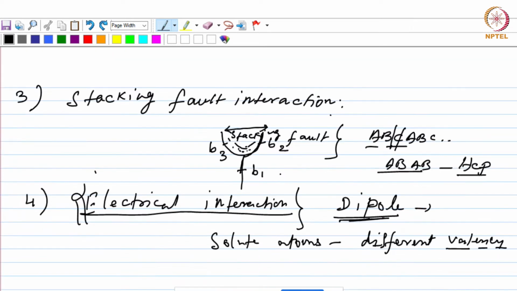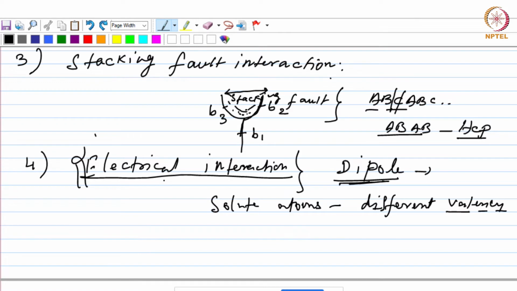Okay, and then we talked about the electrical interaction, which arises due to the valency difference. So in the elastic interaction, it was due to the difference in the atomic size, and the electrical interaction is due to the difference in the valency between the solute atoms and the parent atoms.